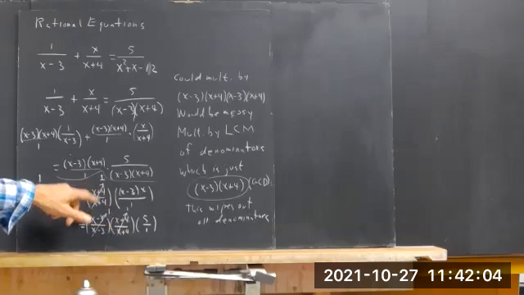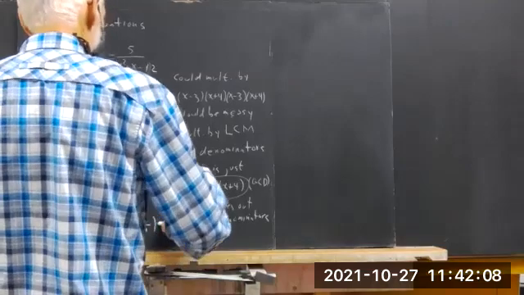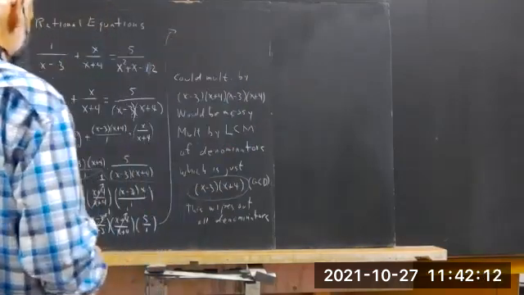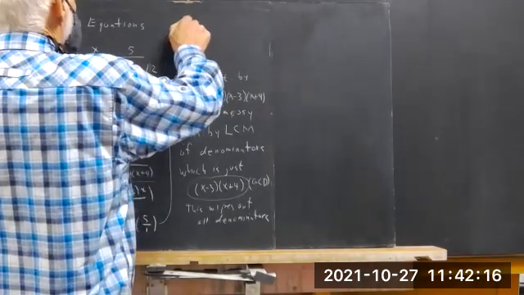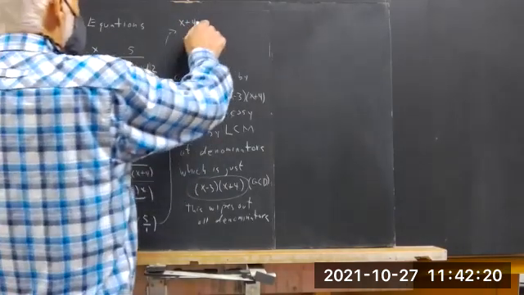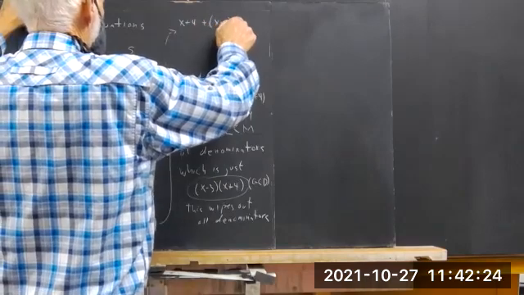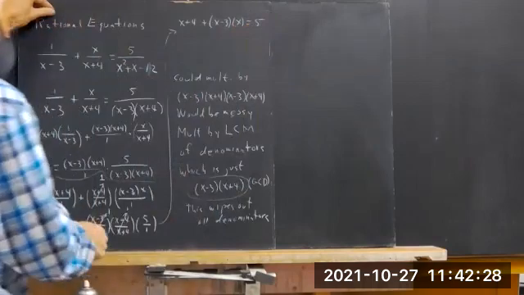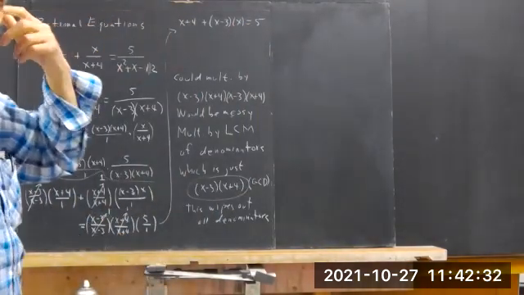The rest is going to be simple because all we're left with is x plus 4. Here we have x minus 3 times x. And on the right-hand side, over 1, that's just 5. There's our equation.